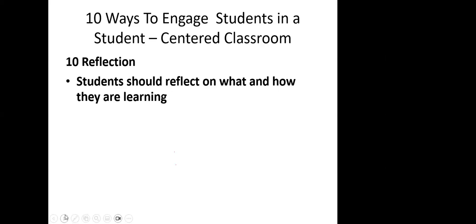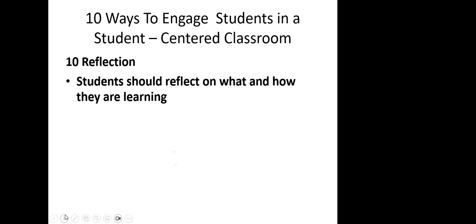And the last way is reflection. As we know, in your classrooms, at the end of the lesson, we end up by making reflection on your lesson, to see how the lesson was, how your lesson has gone.